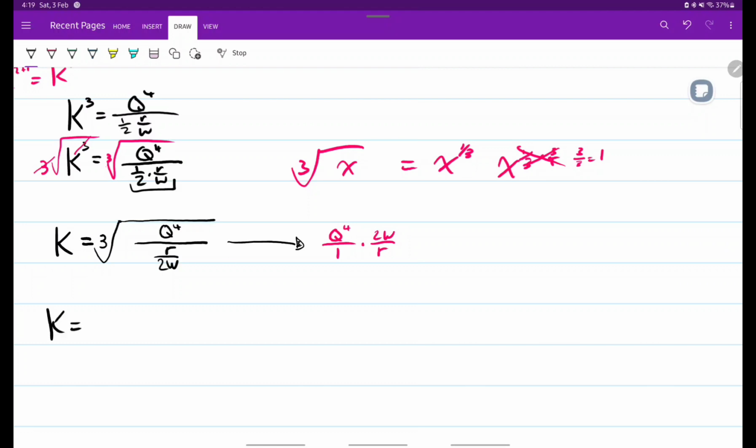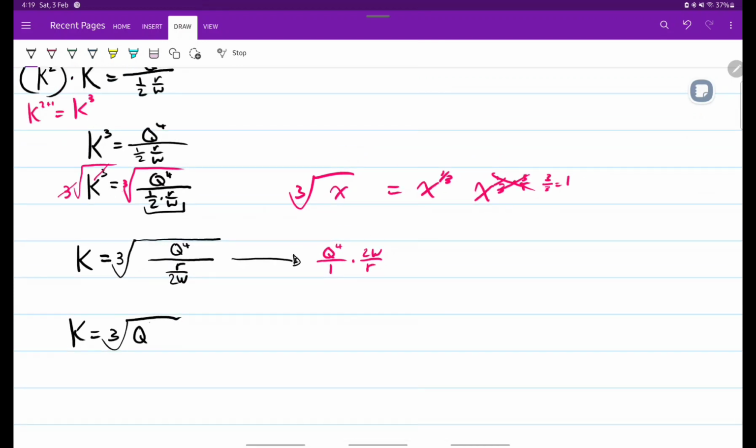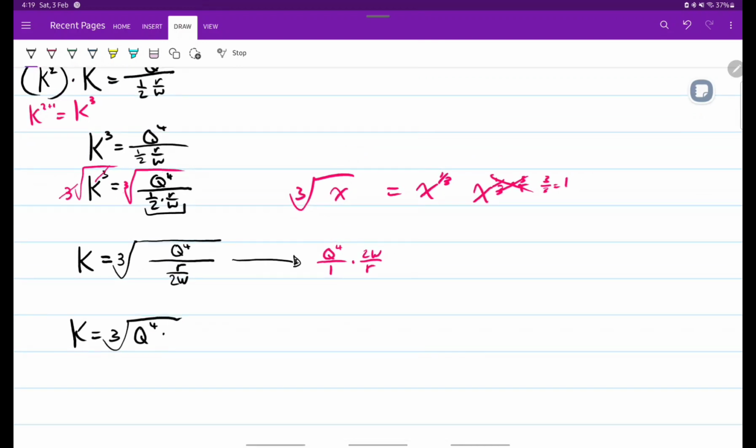k equals the cube root. And I'm just going to swap these around because they're multiplicative. I'm not going to multiply them through. I am going to leave them like that.